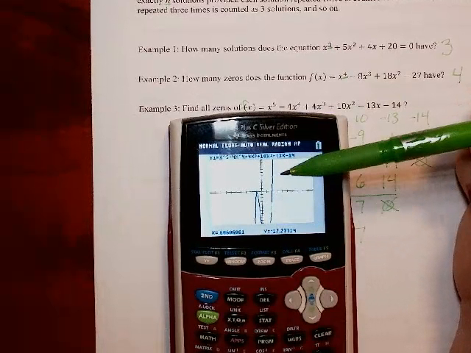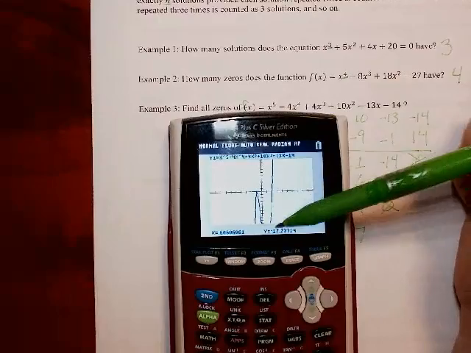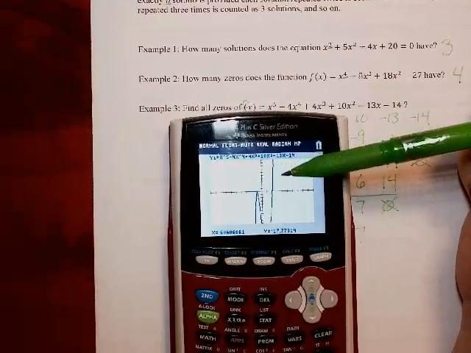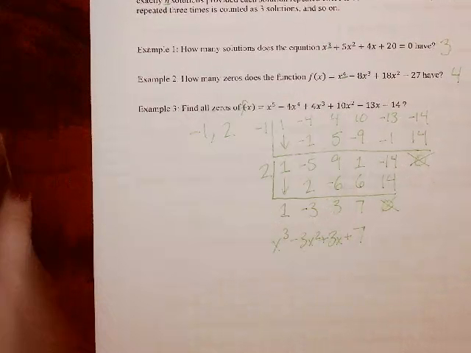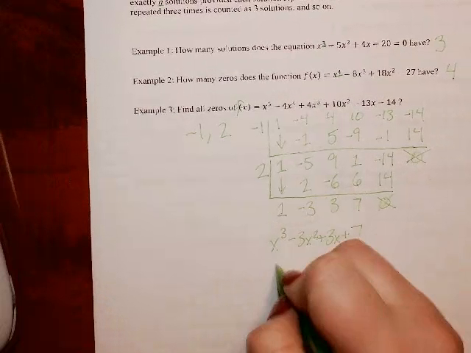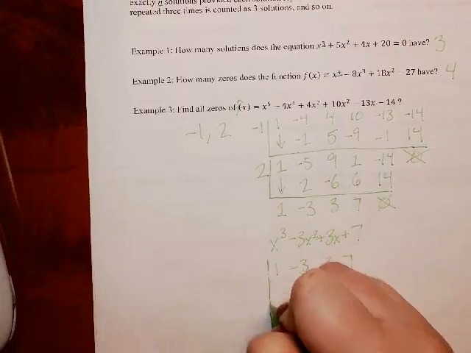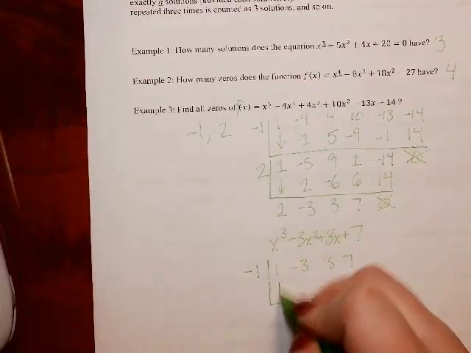So this one's 2 and this one's negative 1. When it goes through, it only happens once, but when it bounces off, it happens twice. So we're going to take our equation here, 1, negative 3, 3, 7, and we're going to divide it by negative 1 again, because it bounced off our graph there.